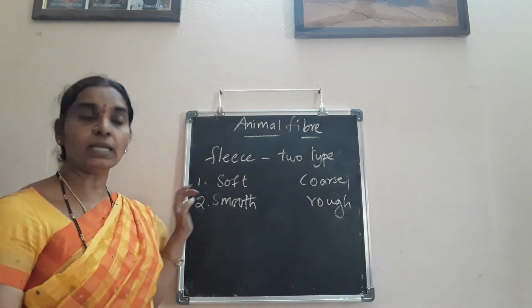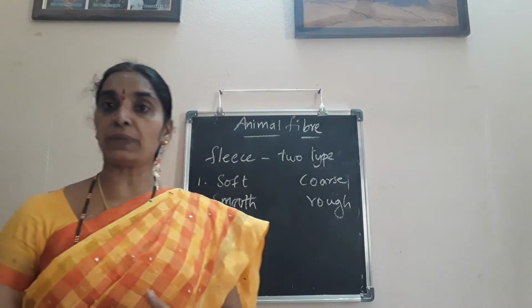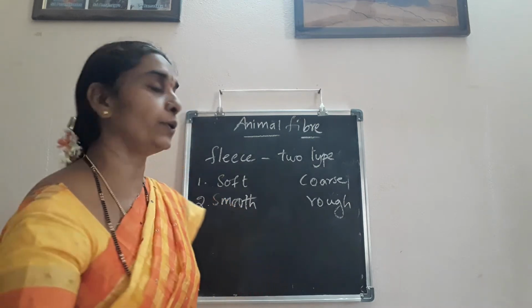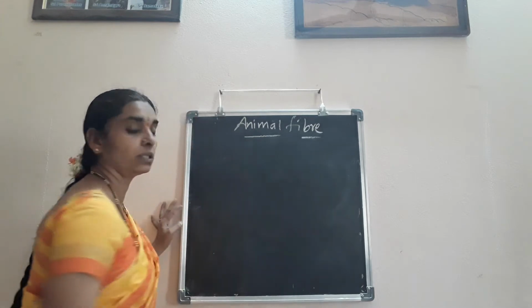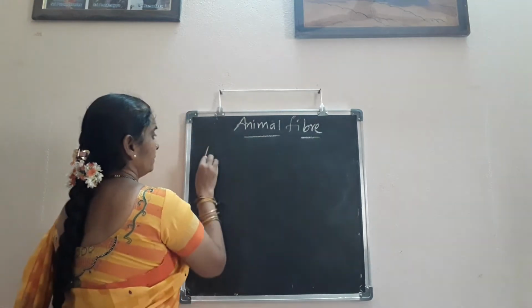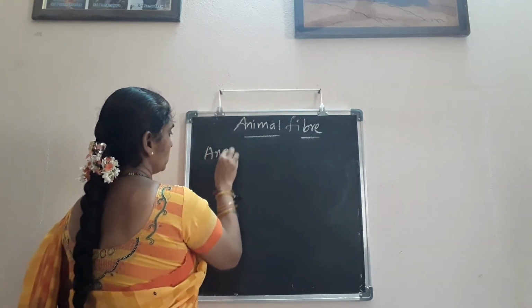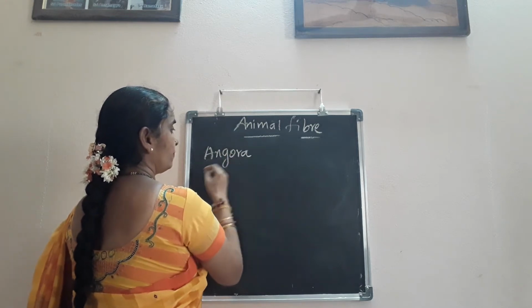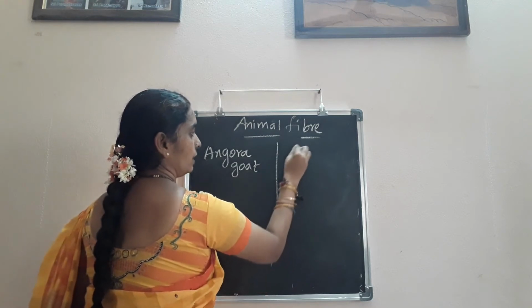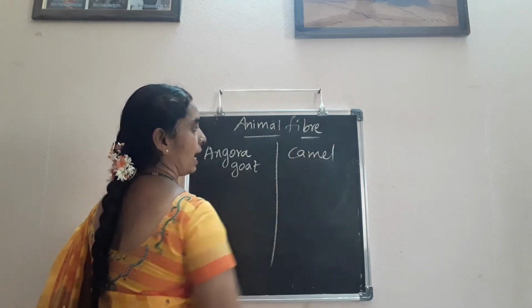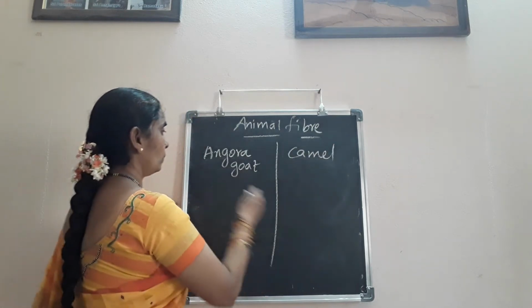Is it clear children? And if you see the differences between the fleece produced from the Angora goat or the camel. Alpaca also, Angora, these are the types which produce fine wool. And the camel or yak, they produce coarse wool.